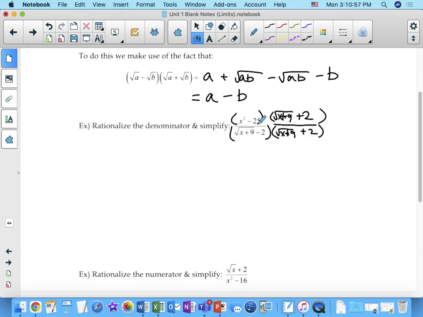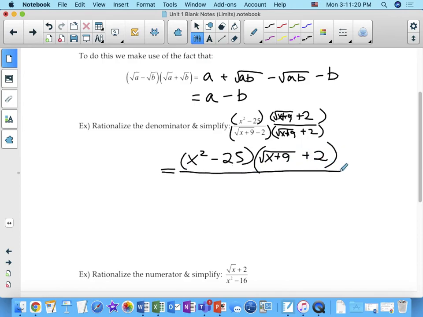Okay? All right, let's practice doing it though. In the numerator, there's really nothing to do at this stage, so we're just going to leave it as is: x squared minus 25 times the square root of x plus 9 plus 2. In the denominator, the square root of x plus 9 times the square root of x plus 9 is just x plus 9.